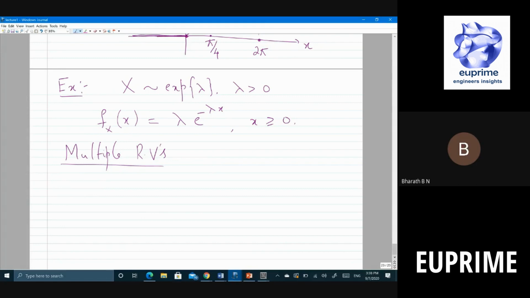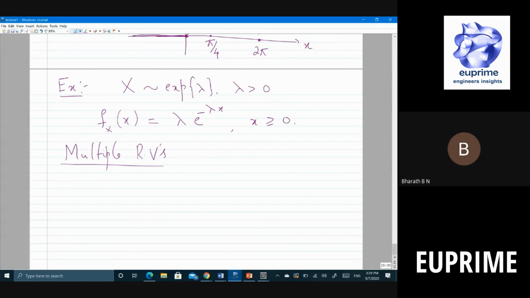The other examples could be, let's say you are measuring temperature in 4 cities, maybe Hubli, Belgaum, Delhi and some other place. You will get 4 numbers, and I can describe that by 4 random variables, x1, x2, x3, x4.